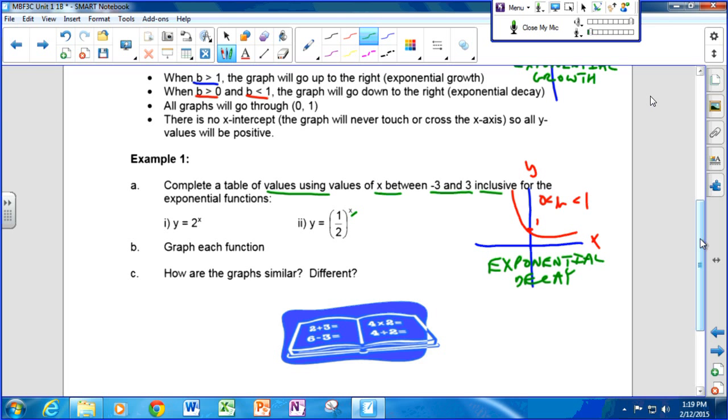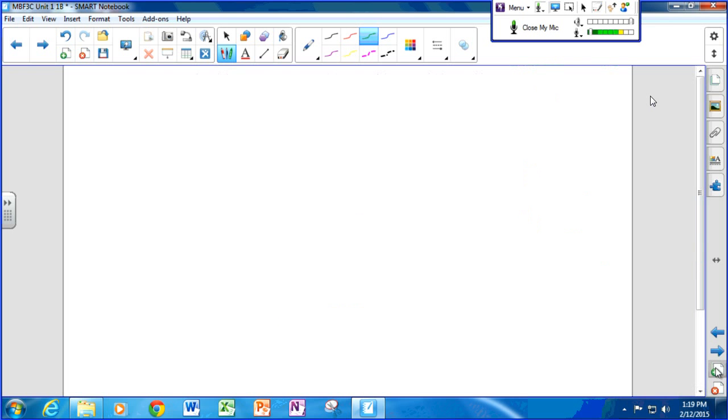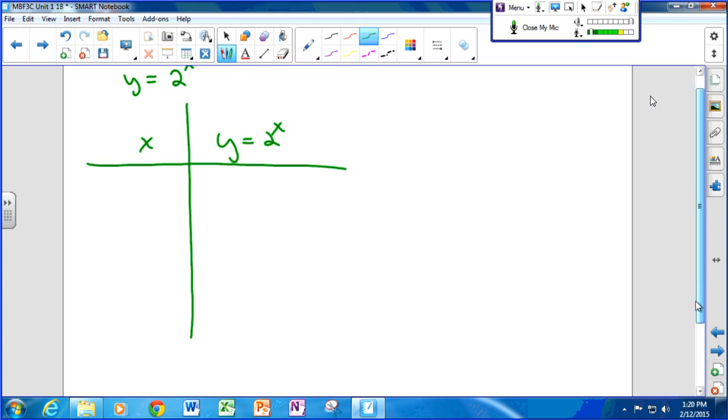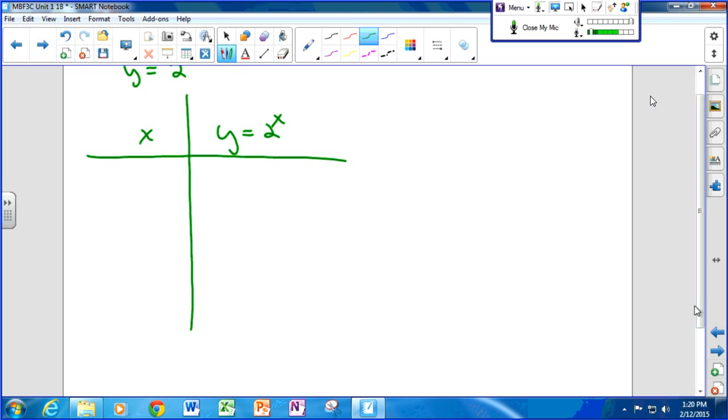I'm just going to switch screens here, and you're on page 30 of Unit 1. The function is y equals 2 to the power x, and we're going to do x and y. It's traditional to write the actual function in there. When you're making a table of values, you typically choose something convenient.